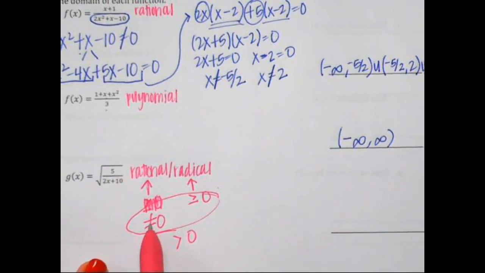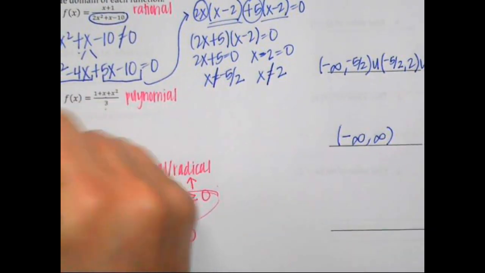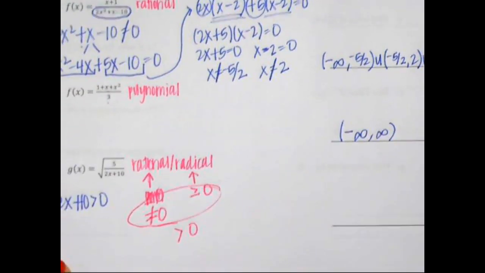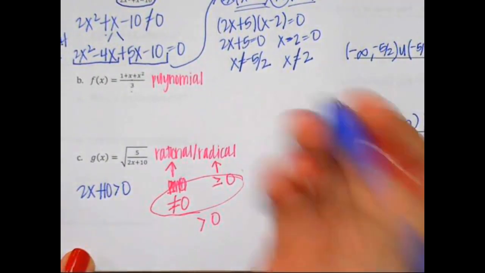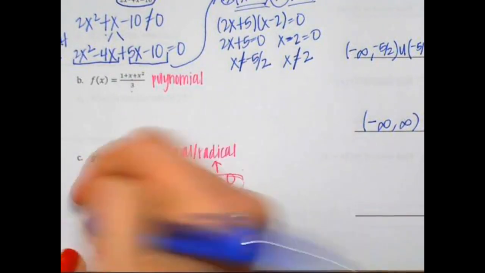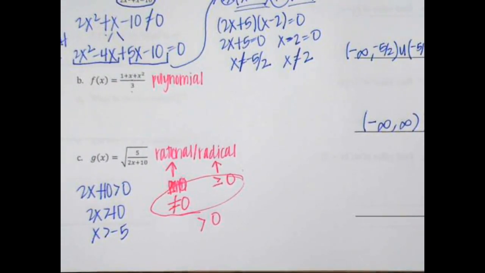It can't be equal to 0, and it has to be greater than or equal to 0, so we just do greater than. So we're going to set the 2x plus 10 greater than 0 and solve for x. Subtract 10, divide by 2, and we get x has to be greater than negative 5.